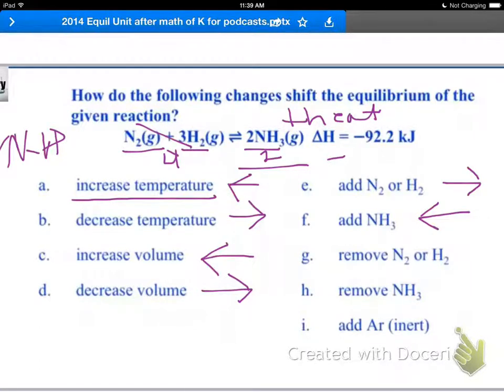So I want to get more, so I'm going to shift it back, left. If I remove NH3, I'm going to shift right to get more of it back. If I add argon, nothing happens. Inert gas changes the overall pressure, but not the partial pressure. No change in the product to reactants, which is my equilibrium.